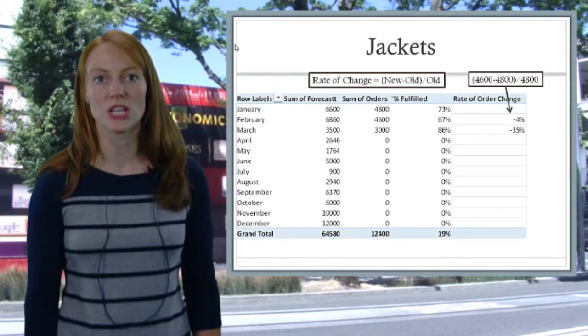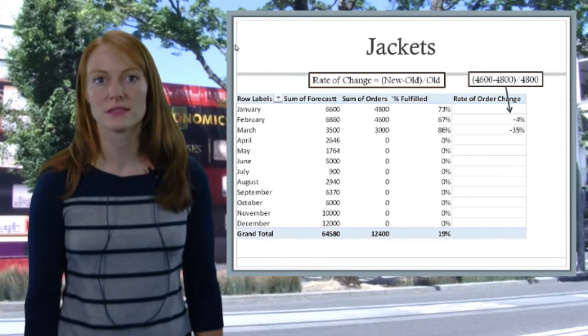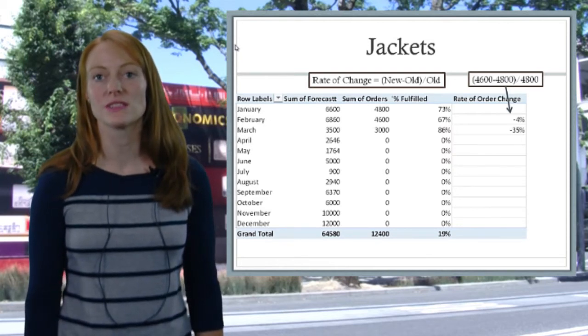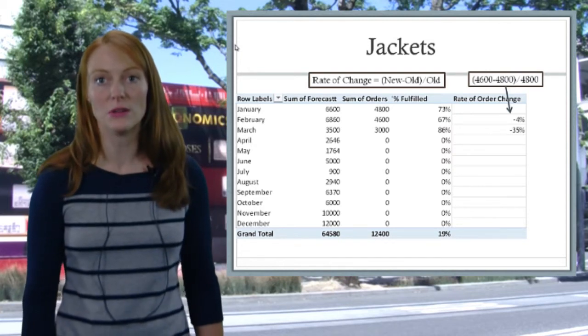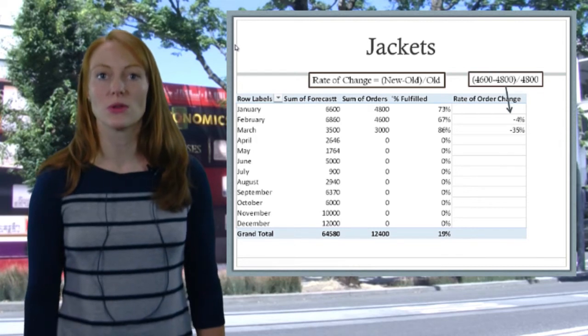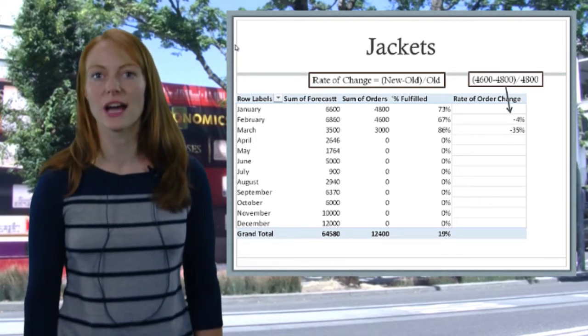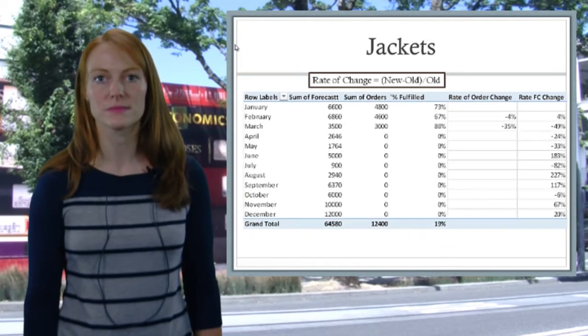So my orders from January to February actually decreased 4%. When I look into March, they actually decreased 35%. So it's not a lot of data points, but once again, we know that our orders are going down, and we don't necessarily have a very clear picture of how quickly they're going to go down.